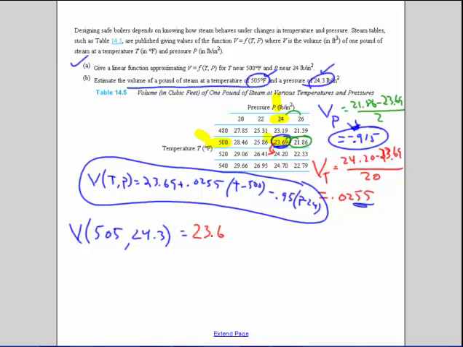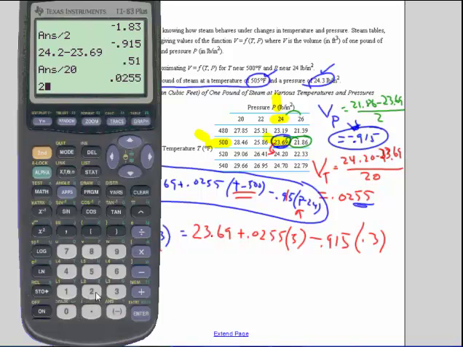So 23.69 plus 0.0255, now putting in 505, we'll just get 5 back, minus 0.915, and plugging in for our P, we'd get 0.3 back. Now it's just about plugging that into your calculator to find an approximation for the volume.